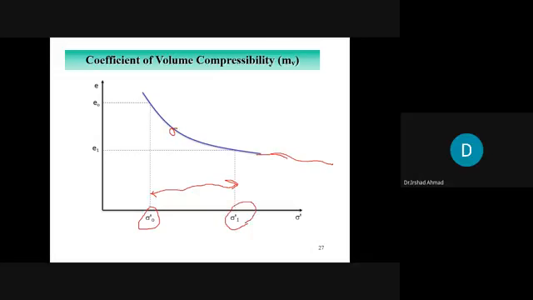That delta sigma is the stress caused by the structure, right? And the corresponding void ratio is E1. So you put these values into the graph and you will find MV. That MV then you can use for the settlement analysis.